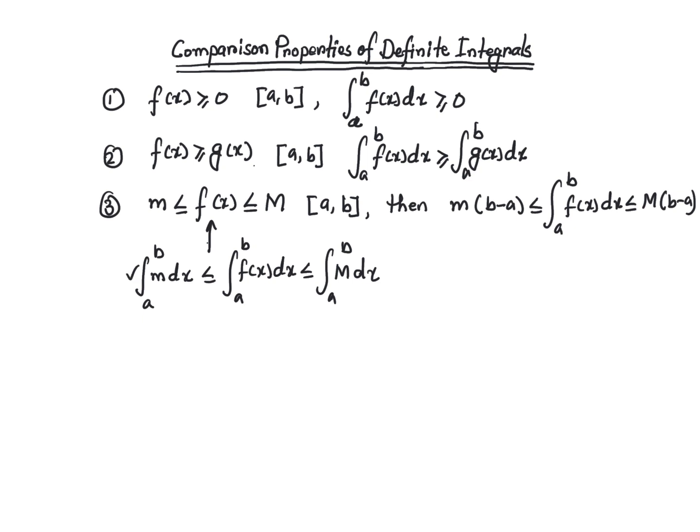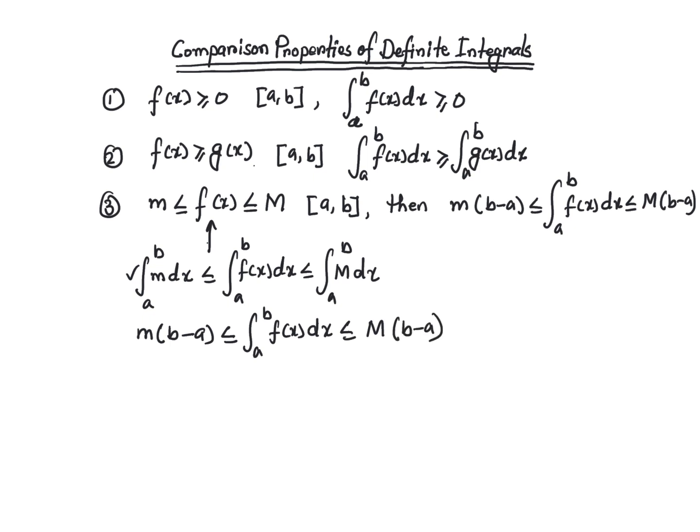Then by one of the properties, we know that this is m times (b minus a), which is less than or equal to the integral from a to b of f of x dx, which is less than or equal to uppercase M times (b minus a).